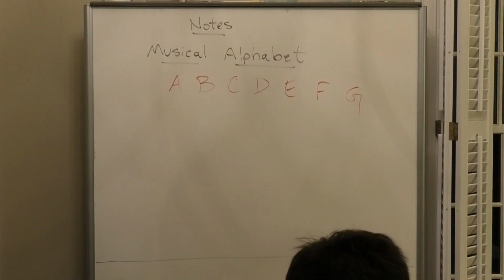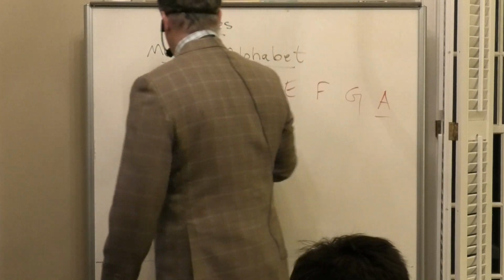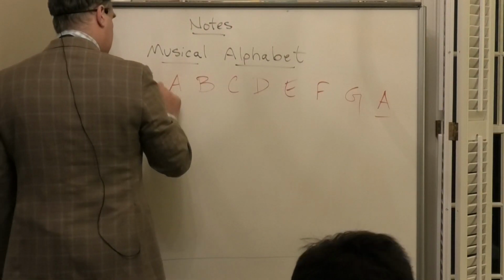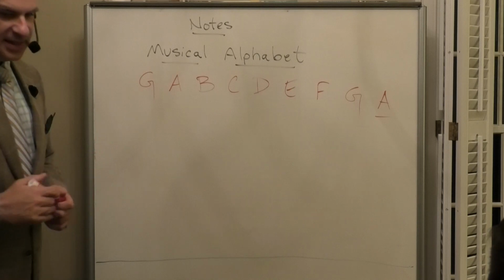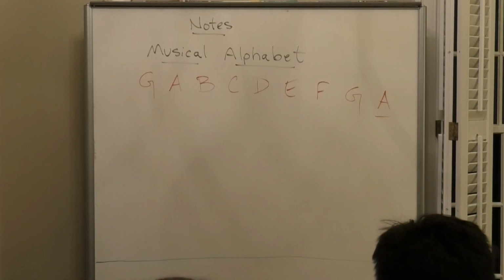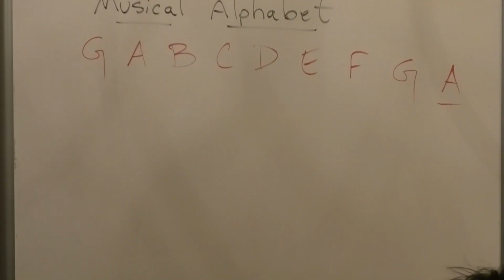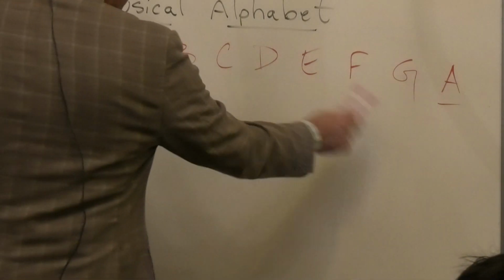And after G, we go back to A. There's no H. We just go back to A. So after G is A, and before A was G. G, F, E, D, C, B, A. You want to learn how to say that. Okay, so that's the musical alphabet.